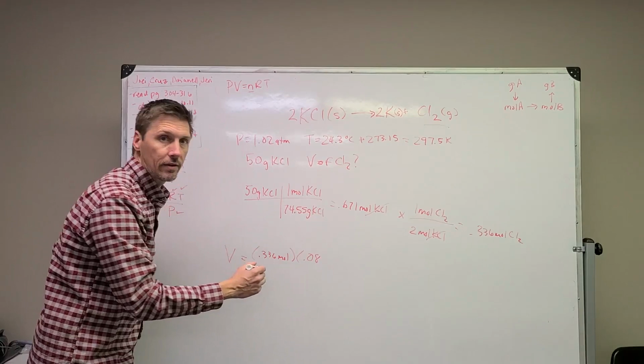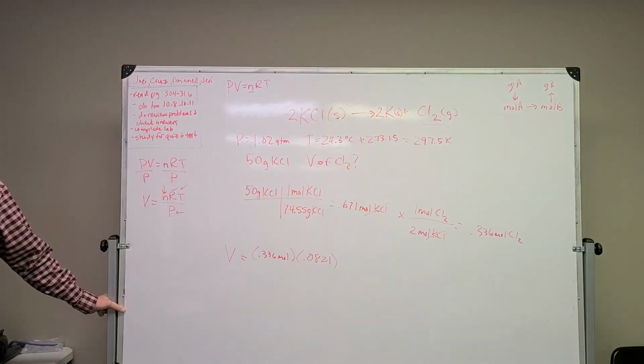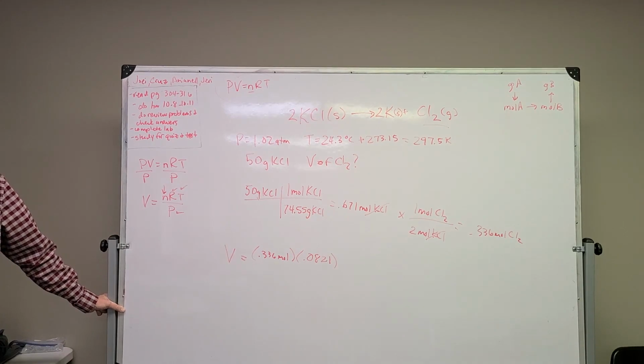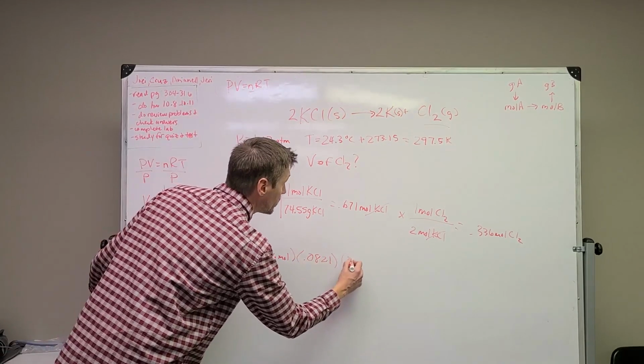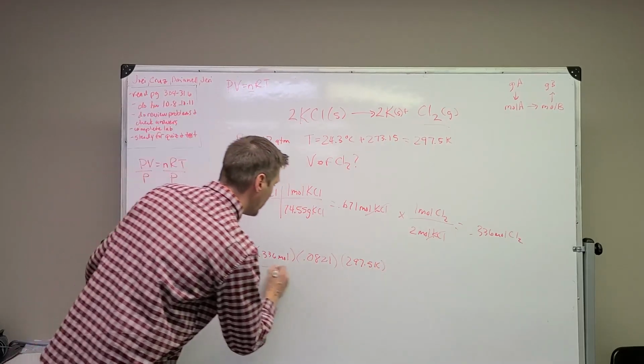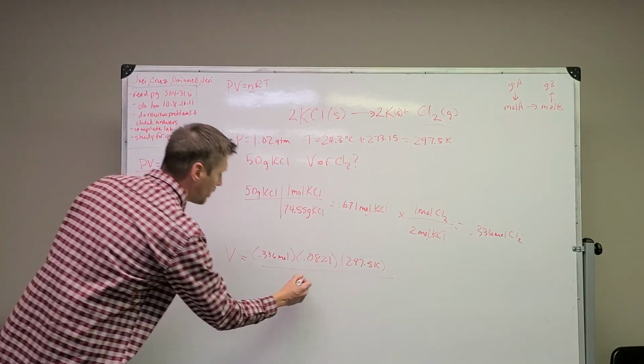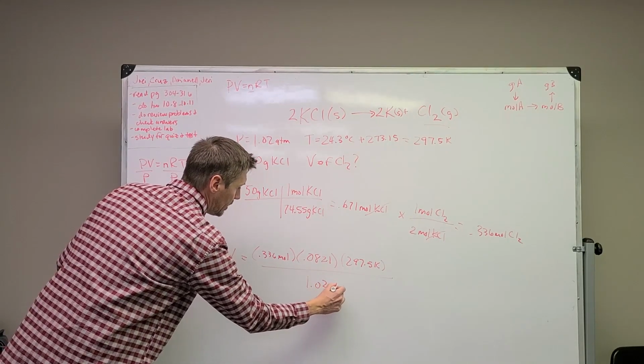Okay, I knew that, of course. Just checking you. Make sure you didn't think it was 1.2. What's the temperature? We determined that the temperature was 297.5 K. You got to convert it to Kelvin. And then the pressure is given to us as 1.02 ATM.